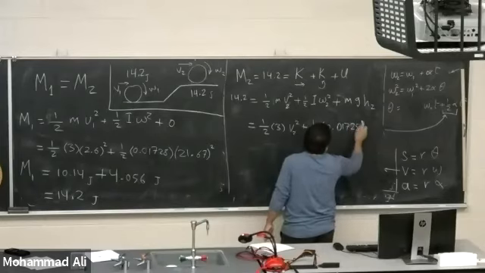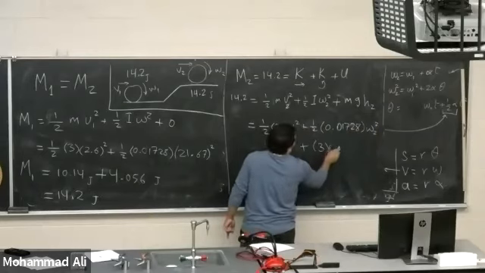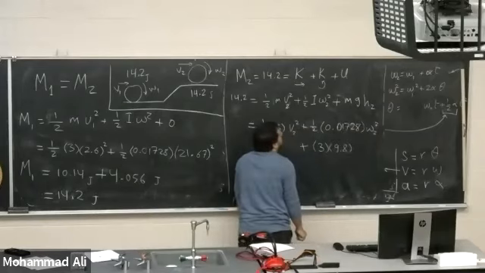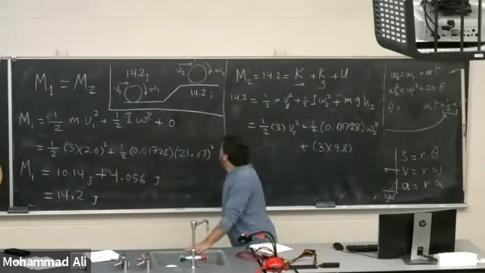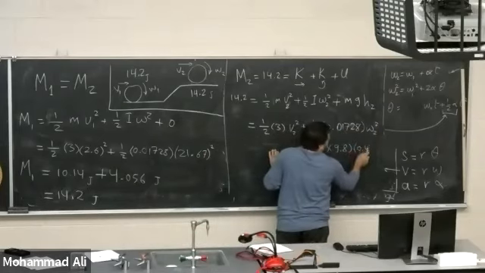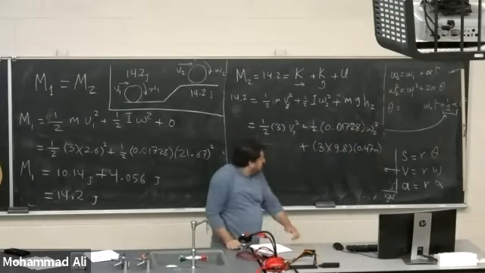Right? Omega 2 squared plus M, which is 3, G 9.8, H, how much H? 0.47 meters. Yes, right. Okay.